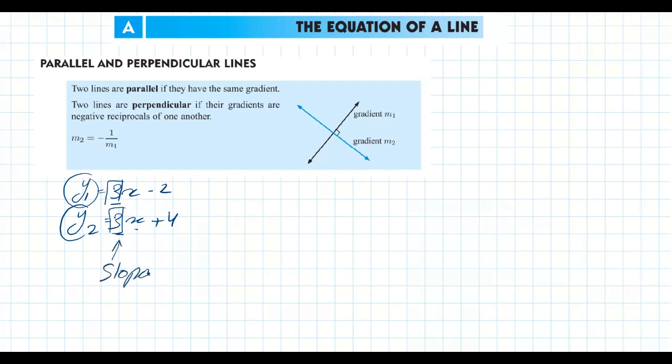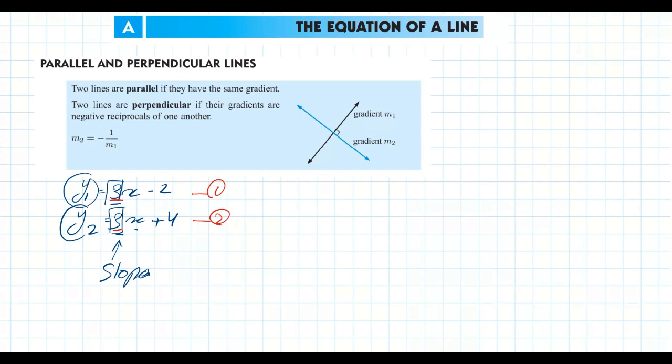Here we found the same slopes, 3 and 3, and that represents these two lines, the first equation and the second equation, in the parallel mode.